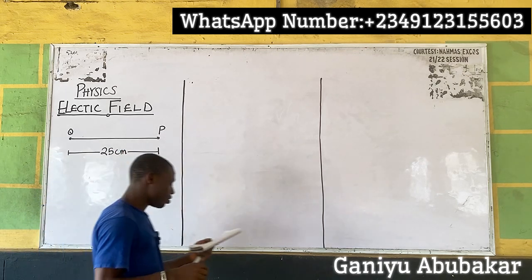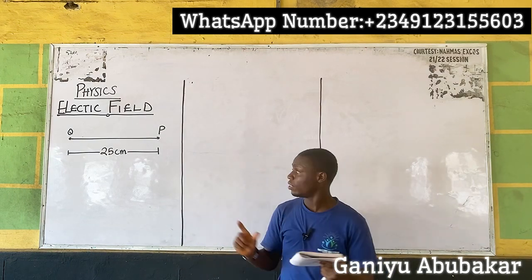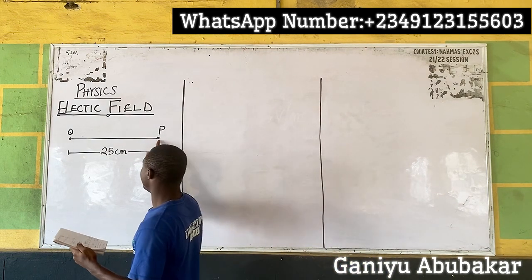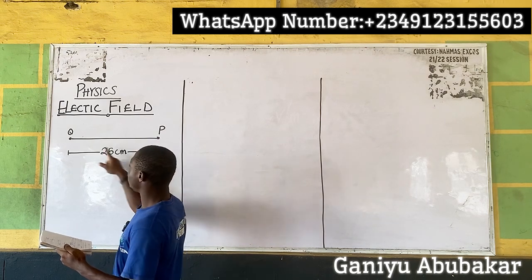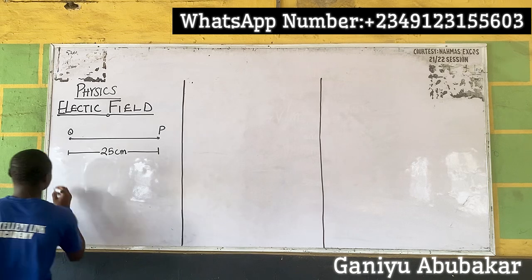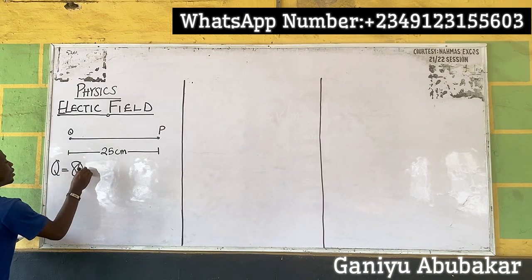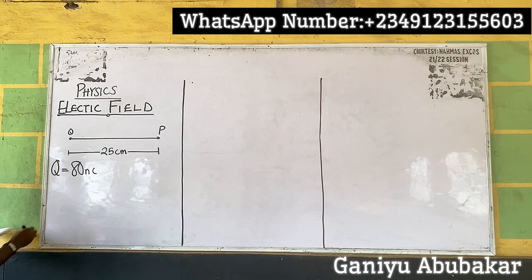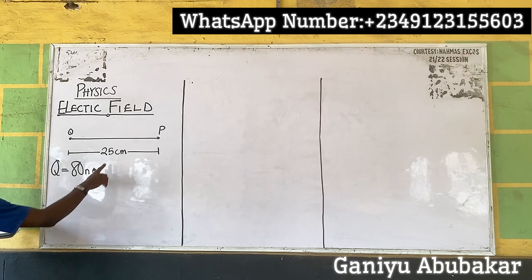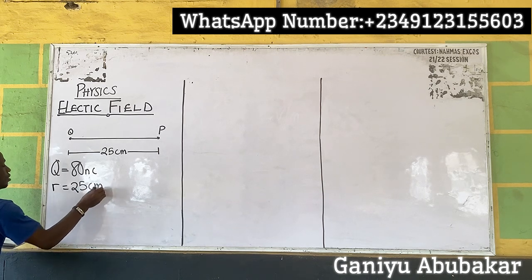So I'm given a point P, 25 cm from a charge Q. Parameters, please: Q is given as 80 nanocoulomb. I'm given distance, this is my distance R, as 25 cm.